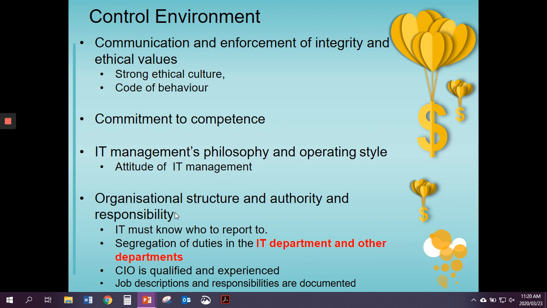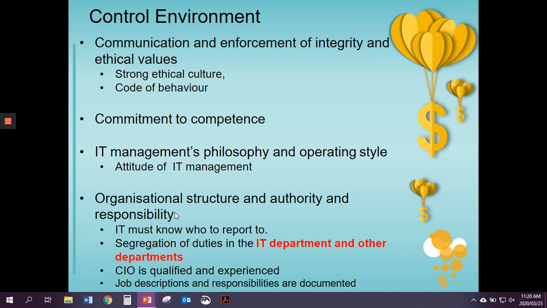That's very important. But then within the department, there also needs to be certain segregation of duties. So, for example, within the IT department, the person that is dealing with user queries cannot be the programmer.